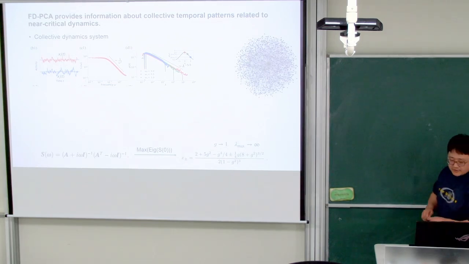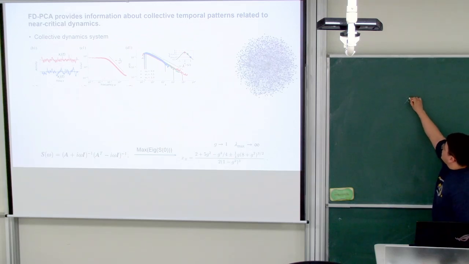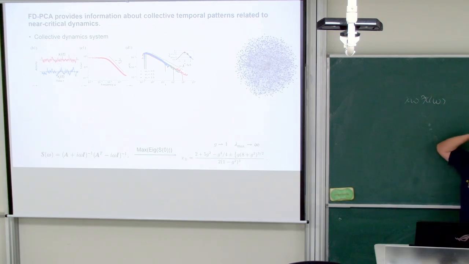So what was the equation? I omega x omega after the Fourier transformation, right? Equal to minus x omega plus G W x omega plus noise, right?